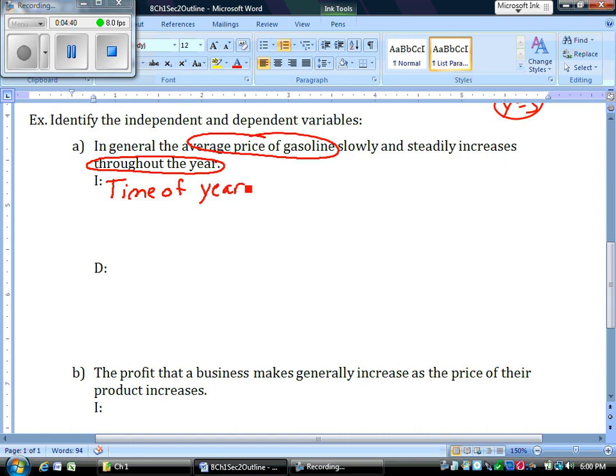We get to pick in March what's the price of gasoline. So that makes our dependent variable, whoops, I was thinking March in my head. That makes our dependent variable the price of gas. Okay? I can pick April. I can pick August, whatever time of year I want to look at, then I see what the price of gas is. It doesn't work the other way.